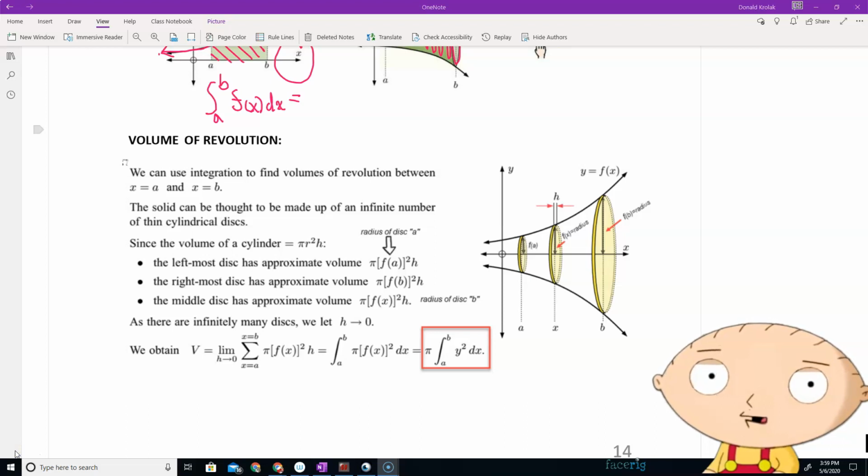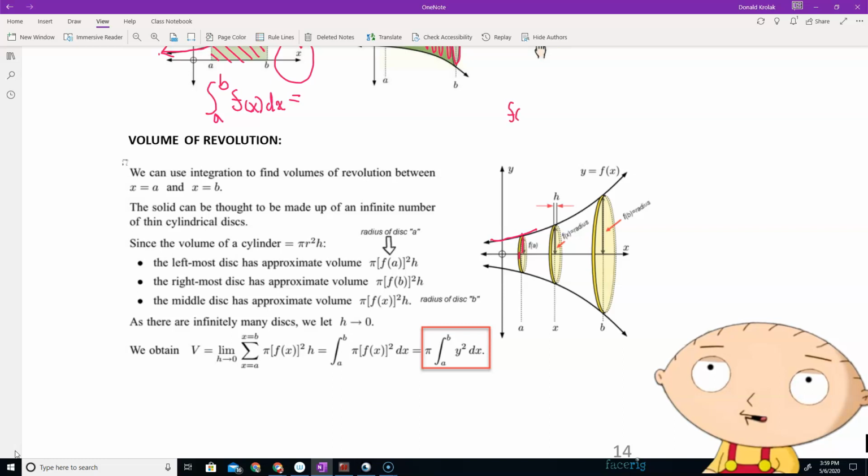All right, splendid. Now, our formula for finding the volume of a solid is, if you take a look here, we have a disk on the left, we have a disk on the right, and then we have a random disk in the middle, or somewhere between the two. Now, to find this volume, as I just explained, at x equals a, the radius of this disk is whatever the function value is when x is equal to a.